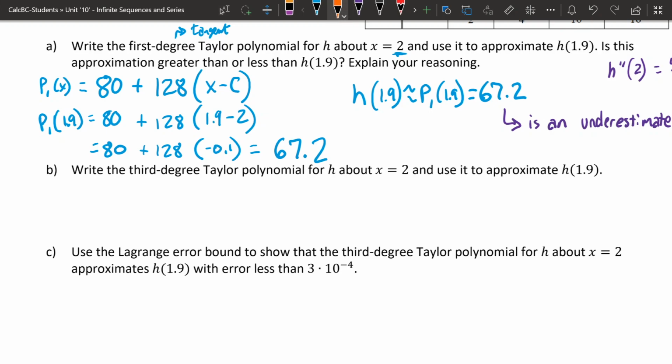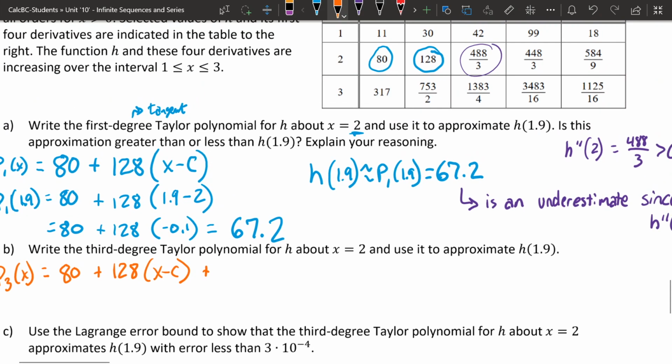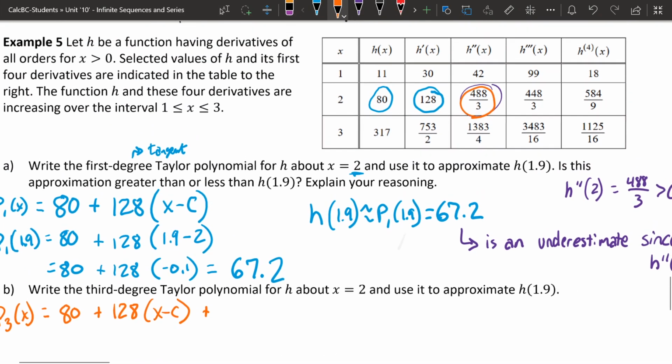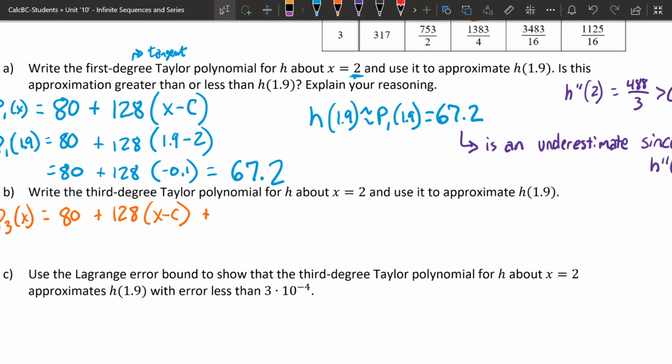All right, so third degree Taylor polynomial. We already know our first two terms, 80 plus 128 times x minus that center. All right, so let's find the next two. So we're going to take the second derivative of h at 2, divided by 2 factorial times x minus c squared.